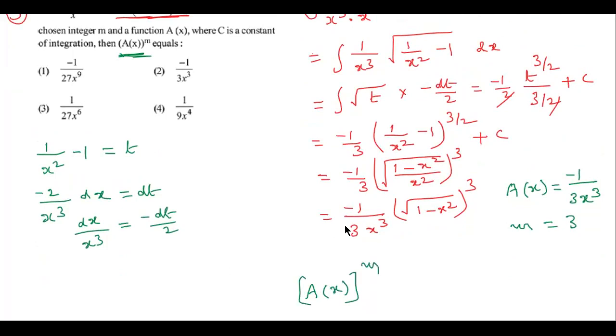This is what we need to find. Now minus 1 by 3x cube whole cube. But inside negative is there. We get negative only. Minus 1 by 3 cube, 27. X cube whole cube, that is x power 9. This is the answer. So which option is correct?